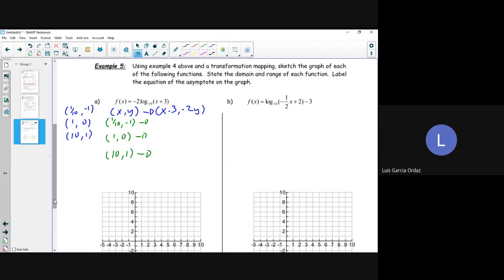Yep, so negative 2.9 and 2. Someone tell me what the next two are going to be.